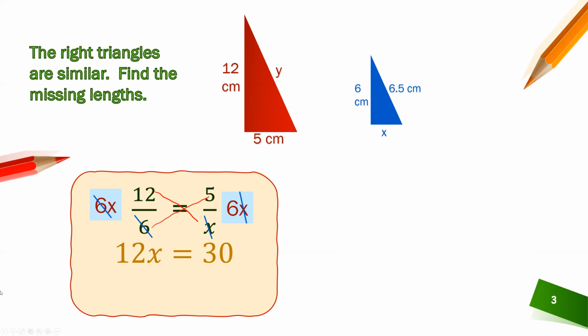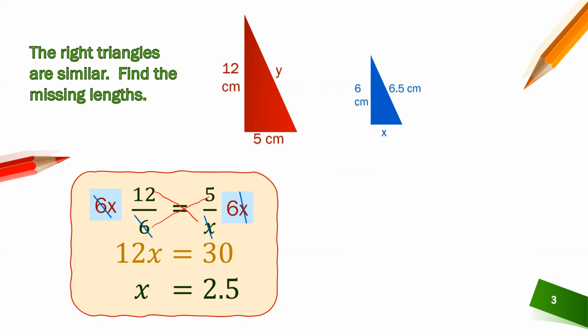So that would be the shortcut for the next time you see that, instead of multiplying both sides by your least common denominator. So then to keep solving for X, you would say X is 30 divided by 12, which is 2.5. All right, so now let's go find Y.